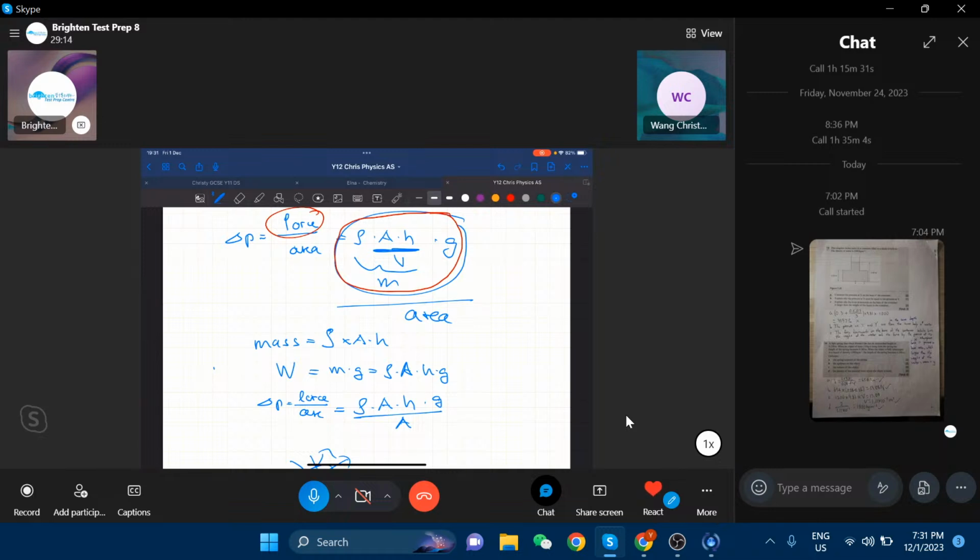Correct? Yeah. Because this is the force, right? Because this is the mass. And this is the weight force. This one. And of course, I divide it by the area because I'm talking about pressure.